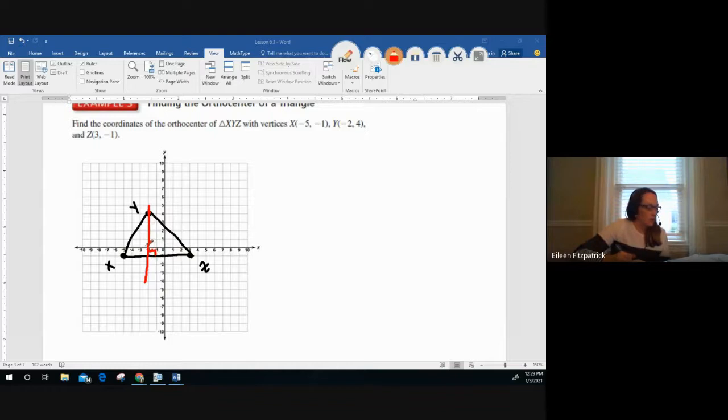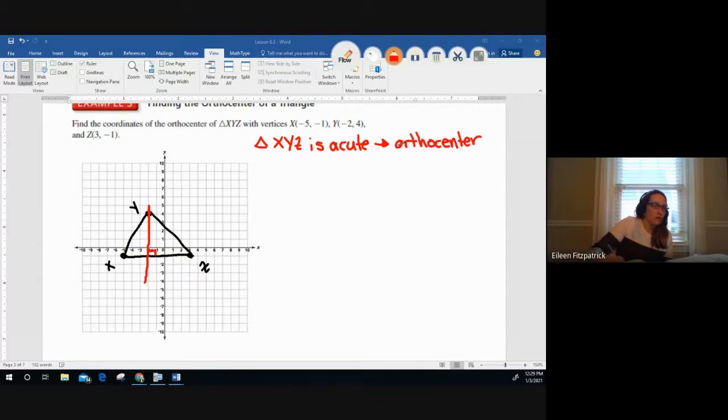So let me write the steps down. First, we said that triangle XYZ is acute, or at least it appears to be. So that means that your orthocenter should be inside triangle XYZ.